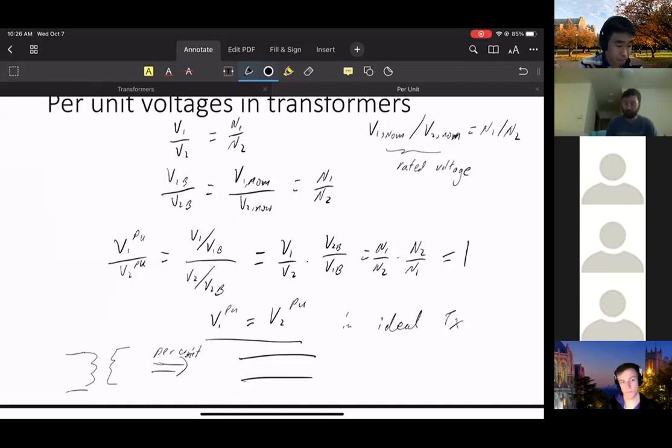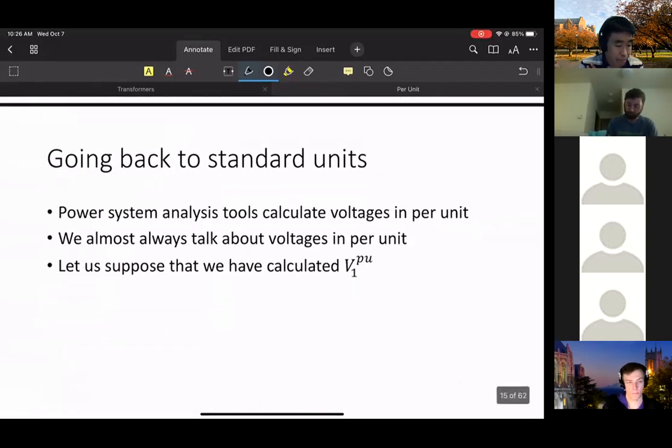That's why if you look at any software that does power system calculations, the calculations are always done in per unit for voltage. We almost always talk about the voltage in per unit terms.